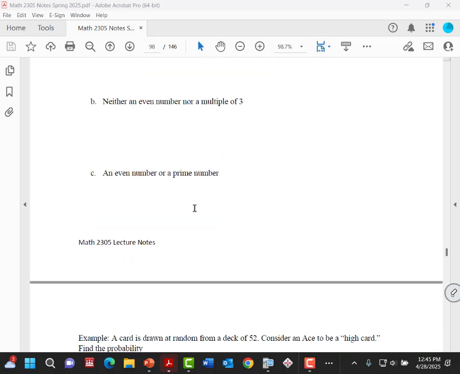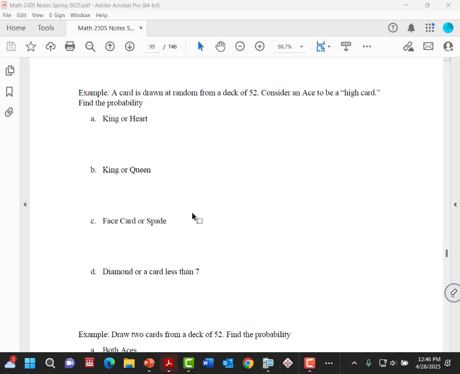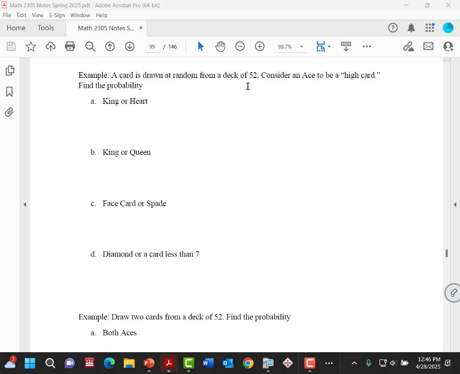So let's move on and take a look at this example right here, back to drawing cards. A card is drawn from the deck. Consider an ace to be a high card. So it looks like I'm drawing from the standard deck of 52.